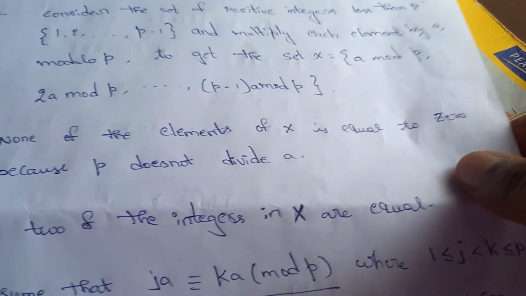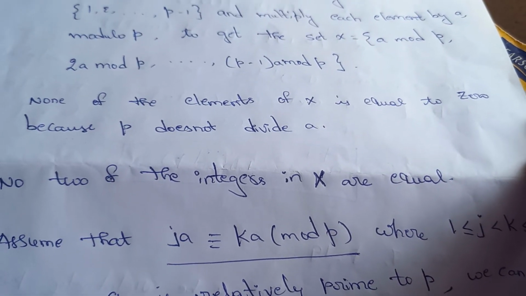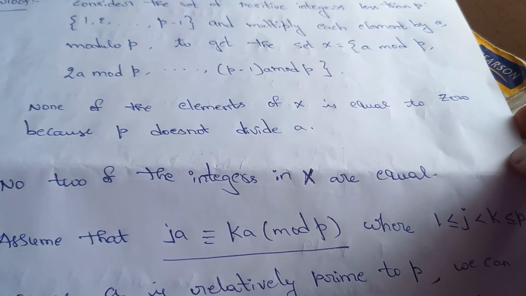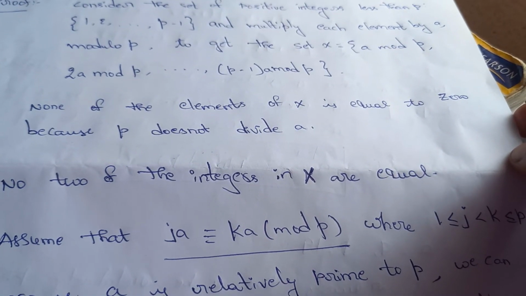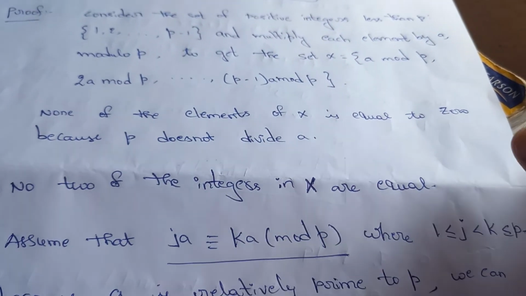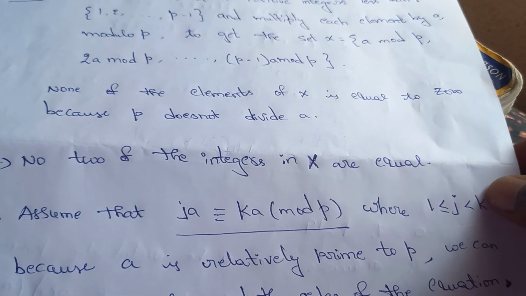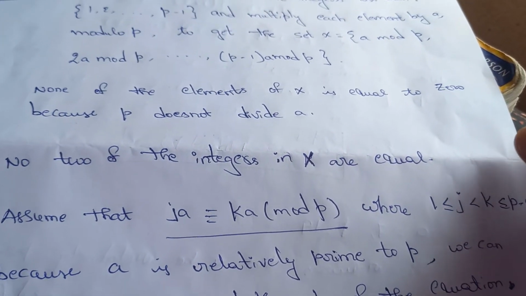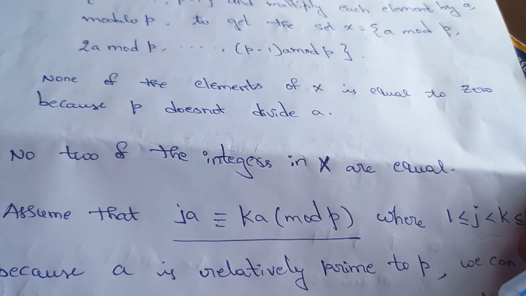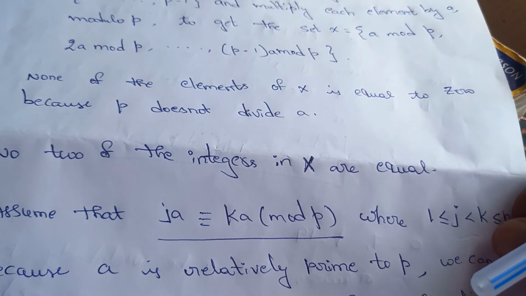Next, none of the elements of X is equal to 0, because p does not divide a. X has a mod p, 2a mod p and so on up to p minus 1 times a mod p, so X should not have 0. Is it clear?